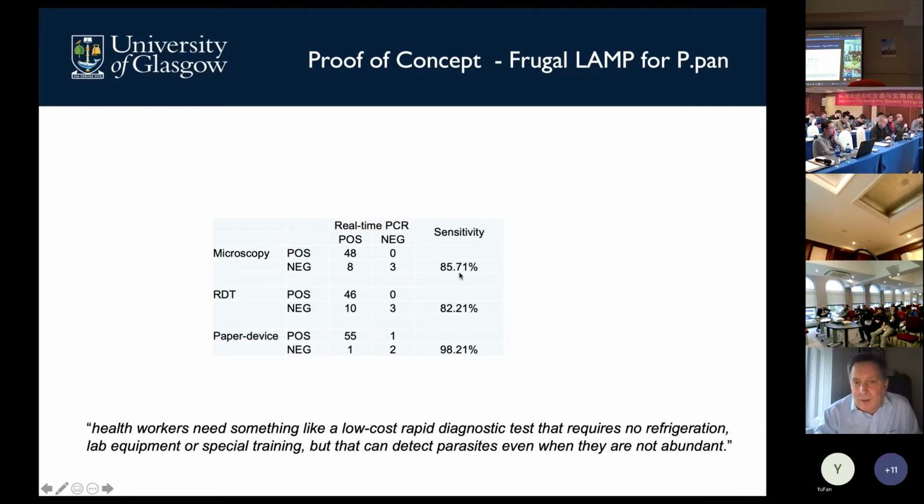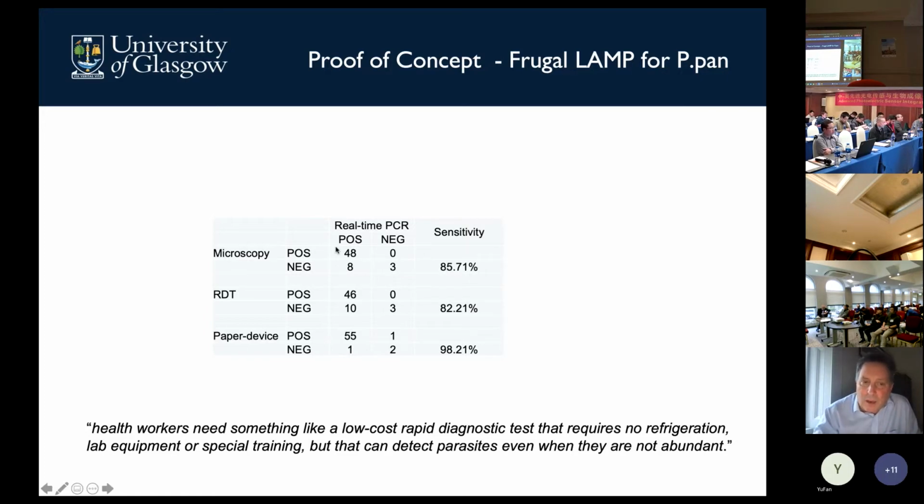And you can see there that 15 out of 100 times there is an incorrect diagnosis. And that incorrect diagnosis is made despite the fact that trained healthcare workers are using the microscopes.